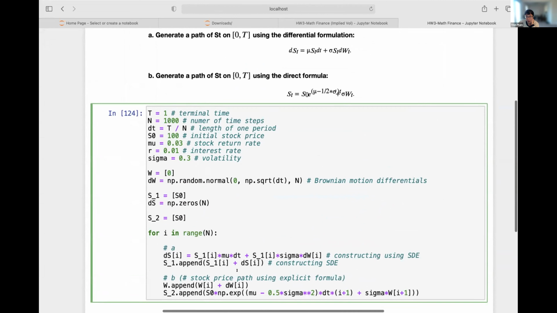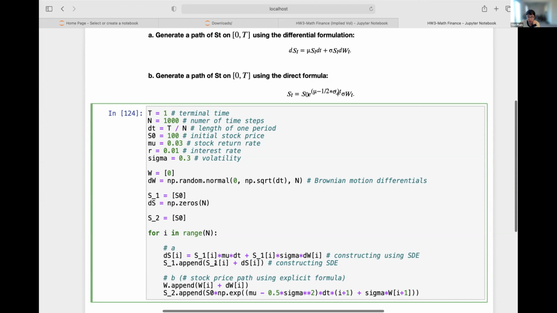And then from the dW, she constructs the dS. That's the differential because the formula says dS is S mu dt plus S sigma dW. She has to be careful a little bit, where you see this is a loop, because she has to start with S0.